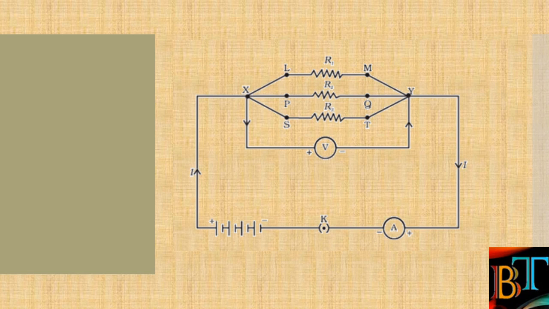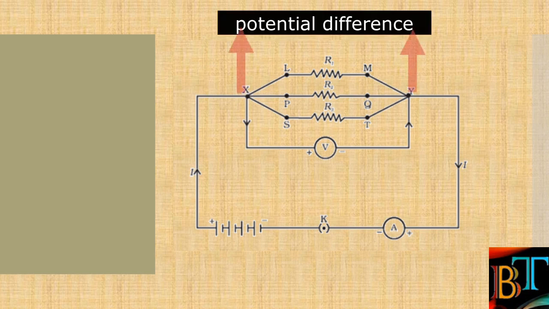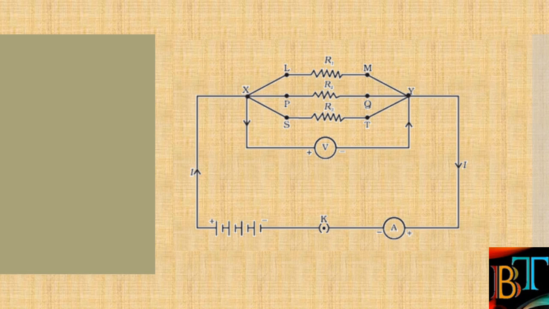But since the potential difference is the work done in bringing a unit charge from one point to another, it is the same for the 3 different paths, because we have to move these electrons from the negative terminal to the positive terminal of the battery. So the work done is the same.